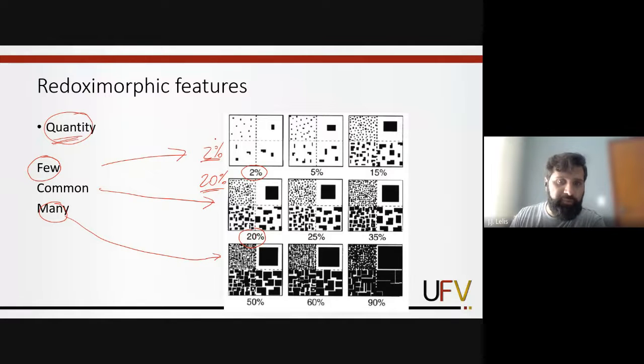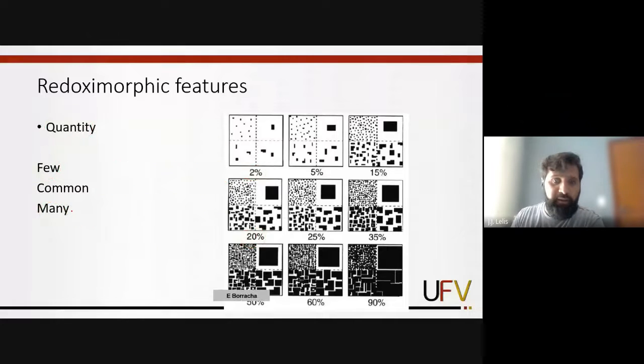If I have up to 2, just few. If I have between 2 and 20, it's common. And if I have more than 20, I have many redoximorphic features in my soil horizon. It's quite important because if I have few redoximorphic features, it indicates that the influence of water is not so high.